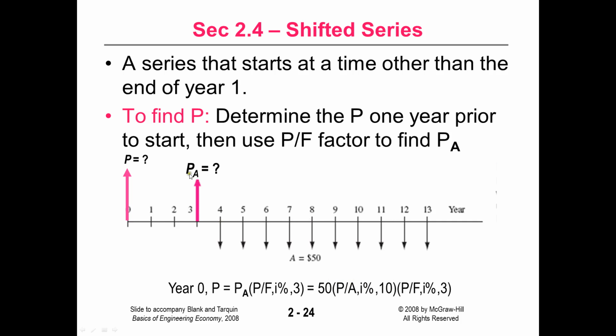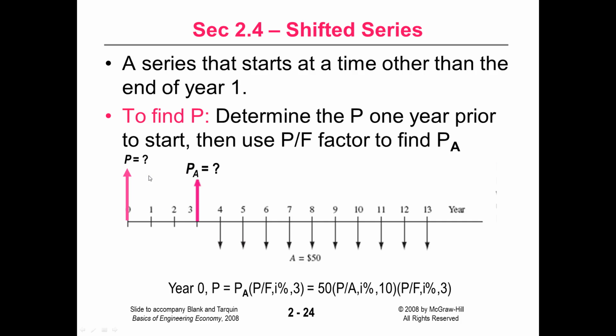Once you find the equivalent P for the A's, you got rid of this part, because all of this is equivalent to whatever number you got here. Now this one you're going to move, or find the equivalent P in year 0.